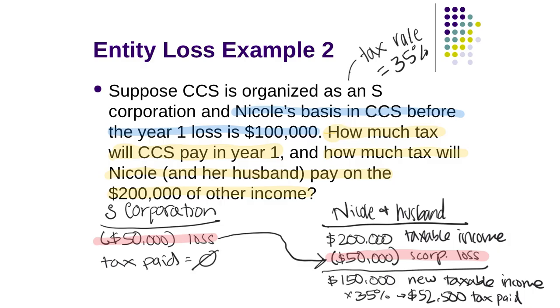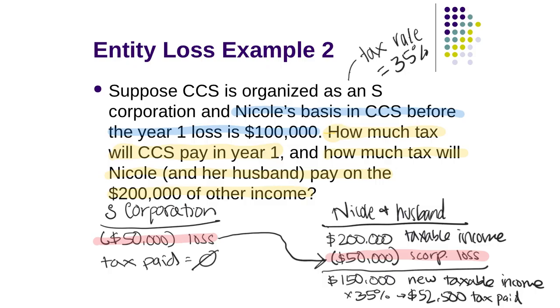A possible question that could be posed with a fact pattern like this is what would Nicole's new basis be after year one? So what we could do to calculate that, and I'll do it in blue so it matches the blue highlight.